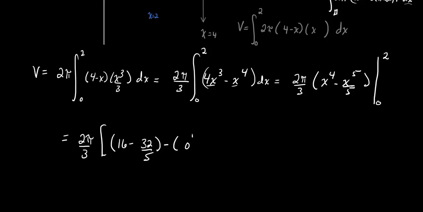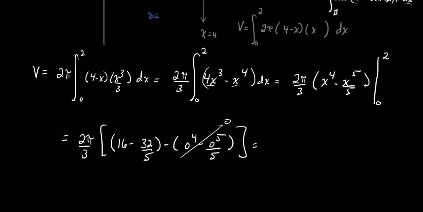Subtracting off my lower bound, I just show this, just never to forget. It just helps me not forget. So this all goes to 0. So we have 16 fifths minus 32 fifths, and that's going to give us a value of 48 fifths.